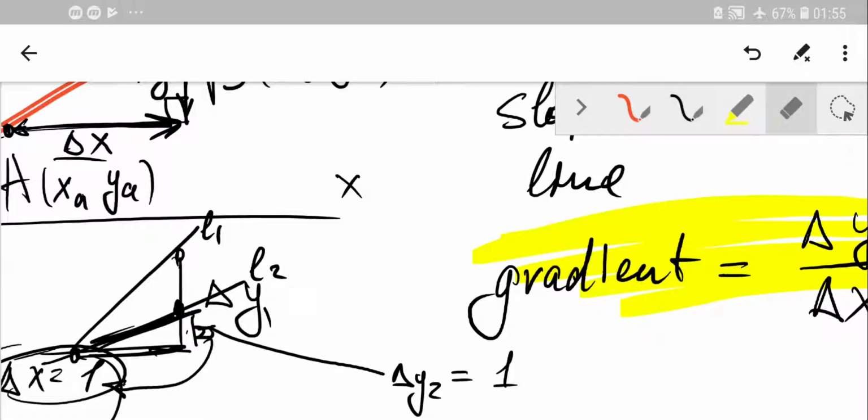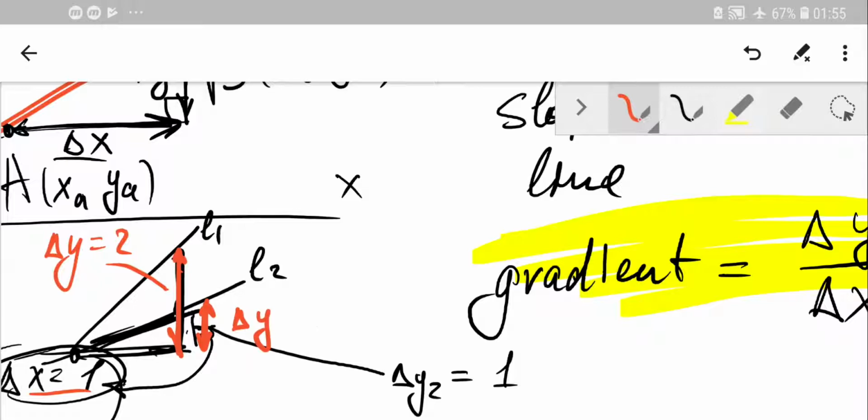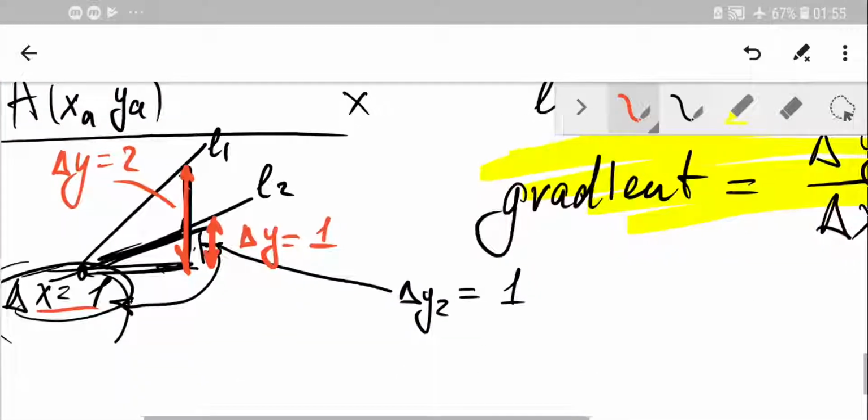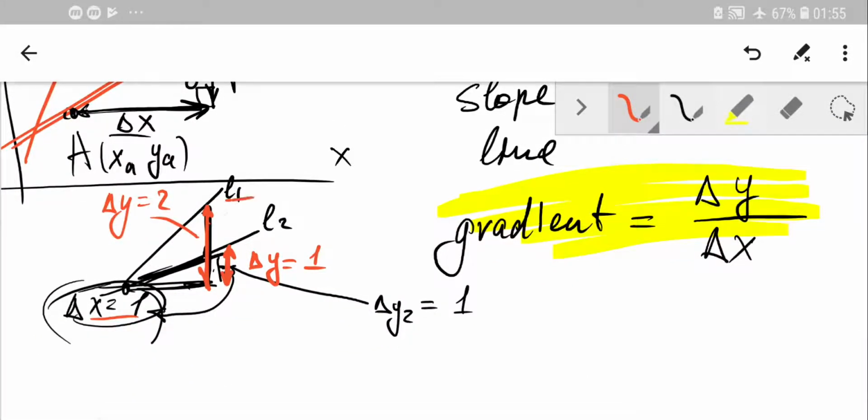So for line 1, the change in y is 2 units for a unit step in x, and for line 2 we have only 1 change in y. That means line 1 is steeper than line 2, and using the formula we can calculate the corresponding gradients.